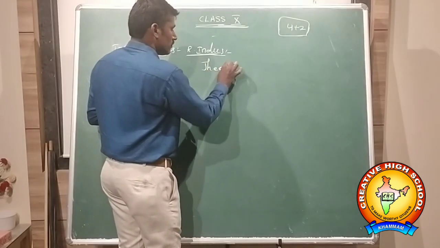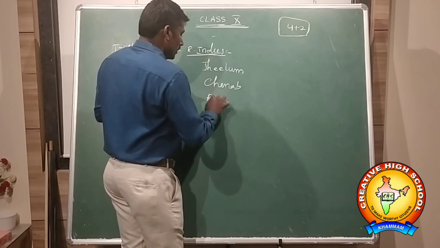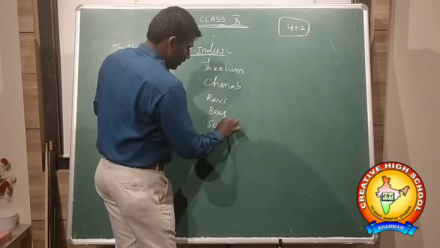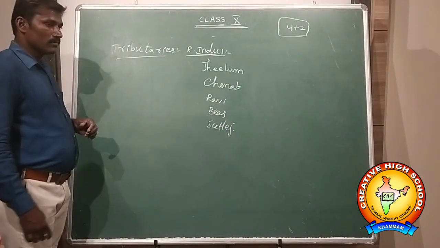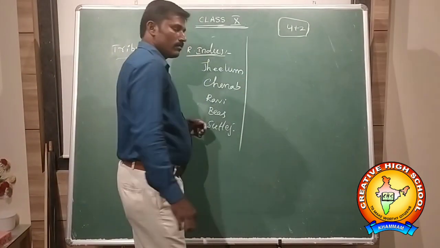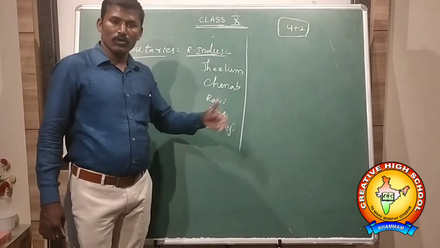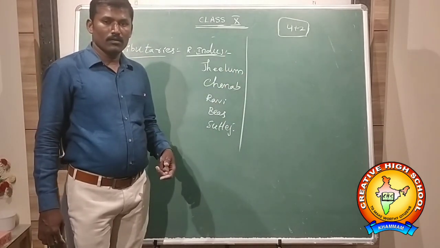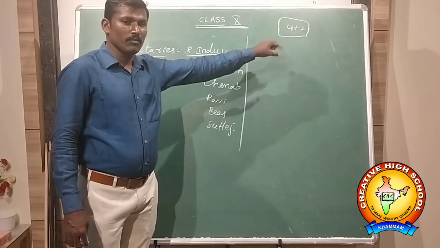Jhelum, Chenab, Ravi, Beas and Sutlej. And as well as where the river Krishna is originating, river Godavari, river Brahmaputra. In Bangladesh, river Brahmaputra is called by what name?